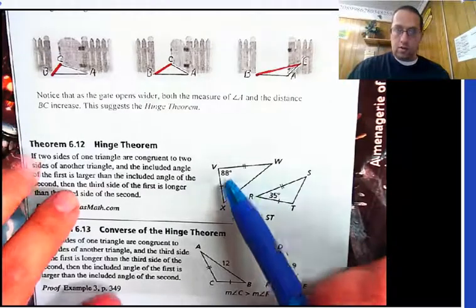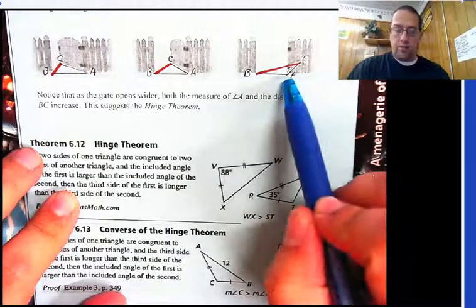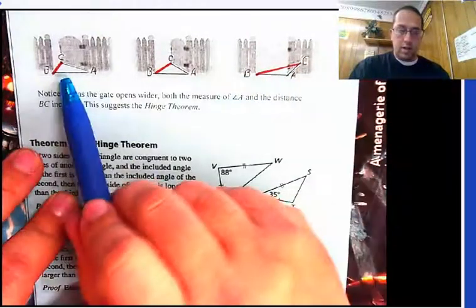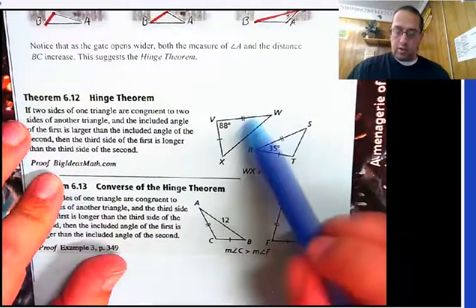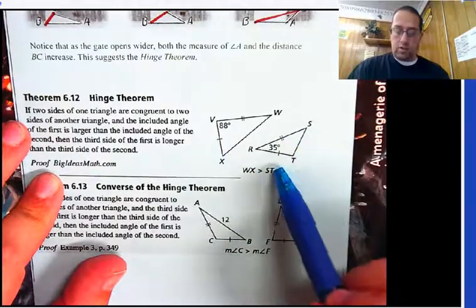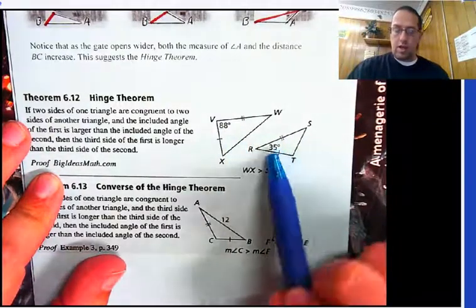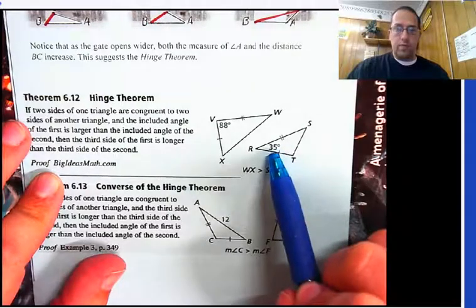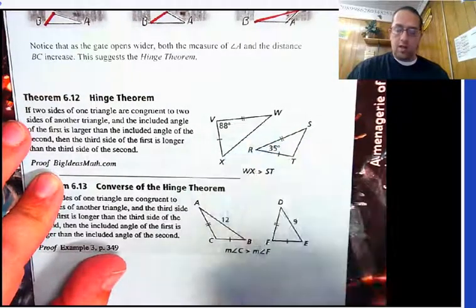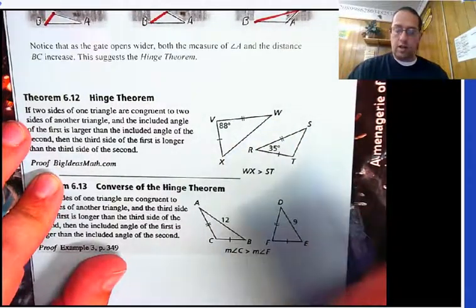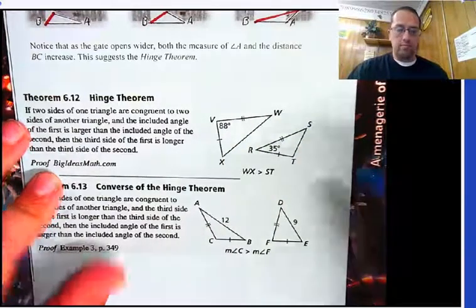So over here, since angle A is bigger, BC is longer in this triangle than it is in this triangle. And over here, since these two sides are congruent to those two sides, and angle V is larger than angle R, then WX is longer than ST. This third side is going to be longer than that third side.